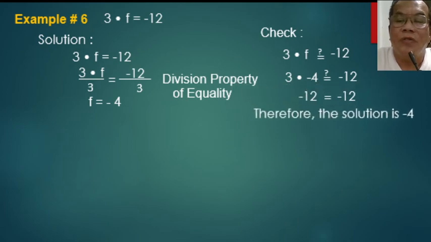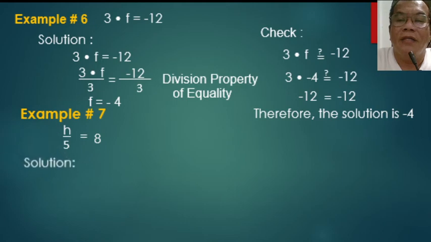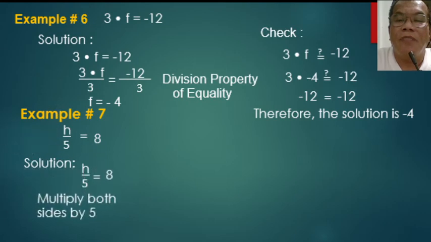So again, therefore the solution is negative 4. Okay, sample 7. So you have h divided by 5 is equal to negative 8. So to rewrite, you have h over 5 equals 8. So we have to multiply both sides by 5.